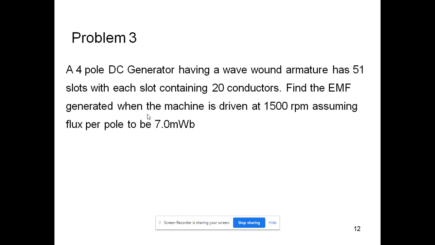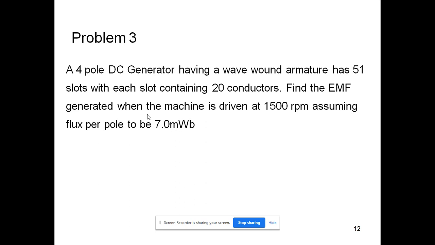Find the EMF generated when the machine is driven at 1500 rpm, assuming flux per pole to be 7 milliwebers.